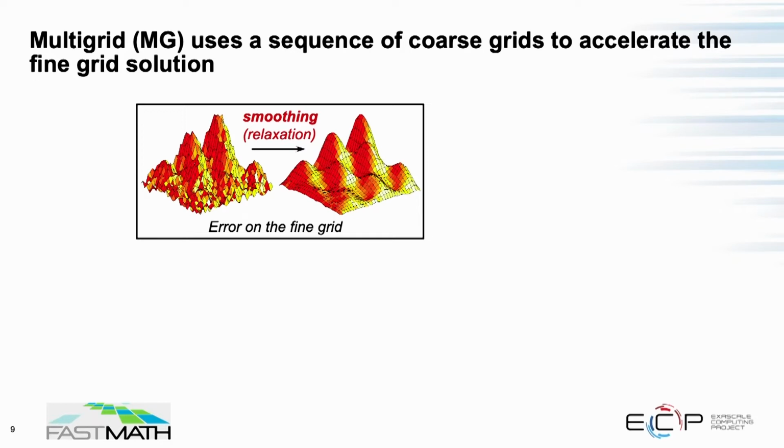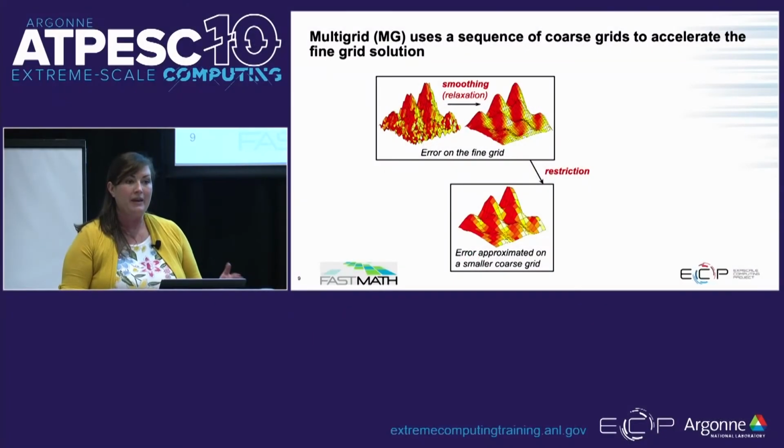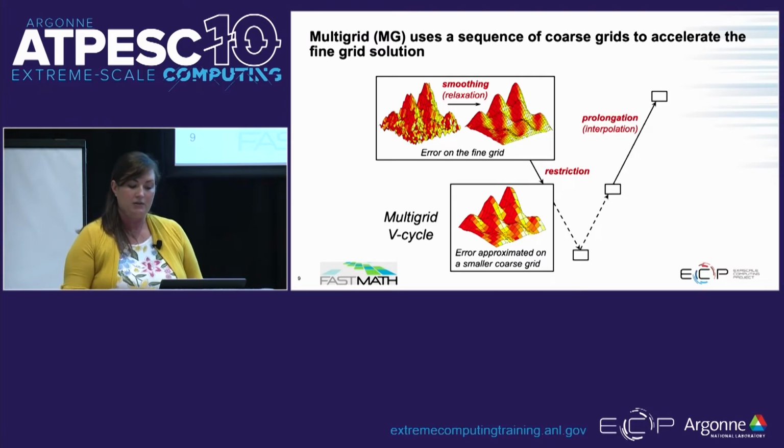So instead, and this is where the magic of multigrid comes in, we project that error to a coarser grid. We can accurately do this because our error has been smoothed. Now we can either solve our problem on this smaller grid, or we can keep restricting into coarser and coarser grids and keep doing this smoothing process as we go down. Then we interpolate our solution back up and correct our current solution.